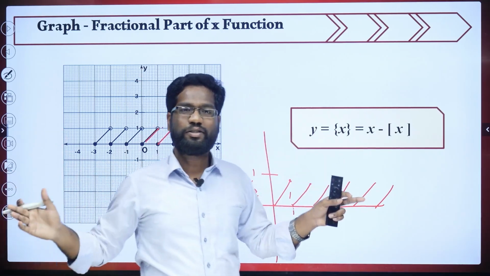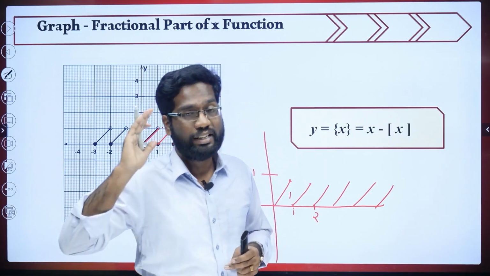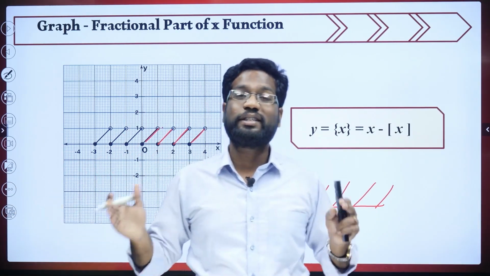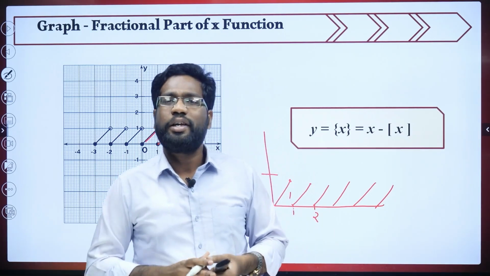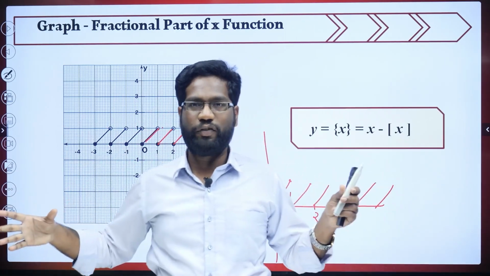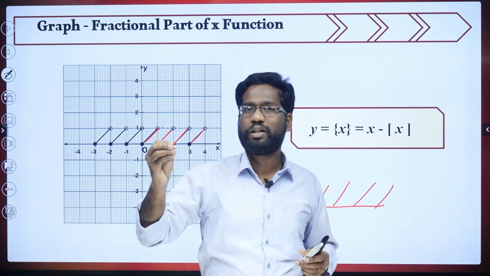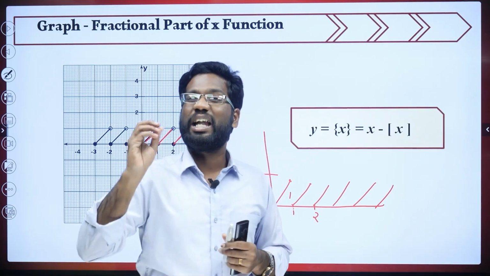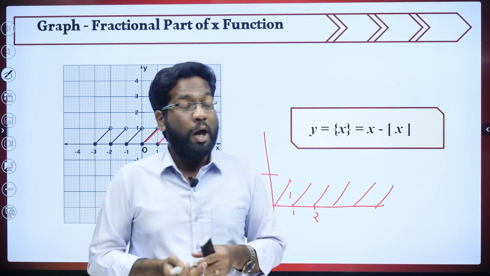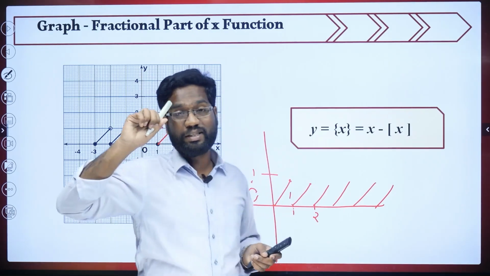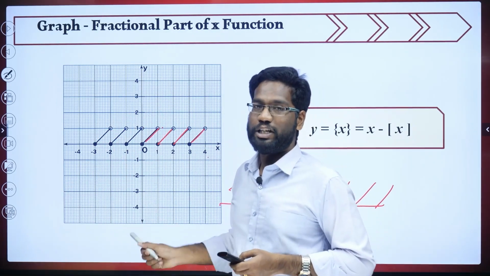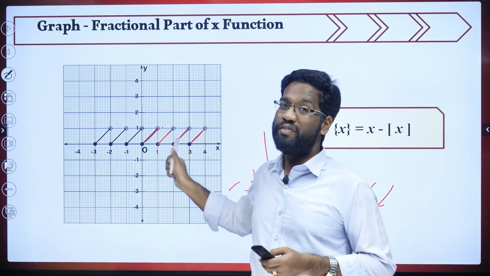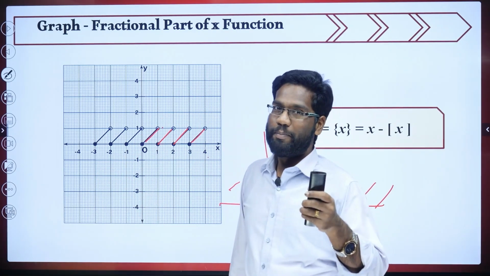Like that, there are so many things, my dear students, which I will explain in a separate lecture on functions, graphs and their transformations. In that, I will explain how to draw each and every basic graph, because graphs are very important. Please keep these basic graphs in your memory, so that it will be very useful for you, my dear students.